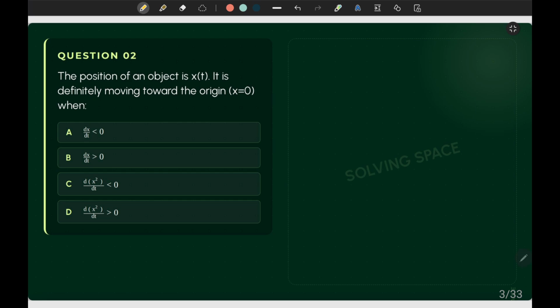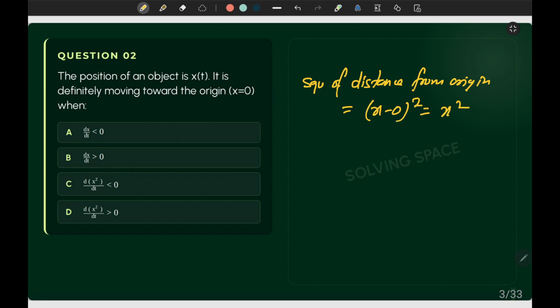Okay, so what we will apply here is that the square of distance from origin will be equal to x minus 0 square, that is x square. And according to the question, it is moving towards the origin.